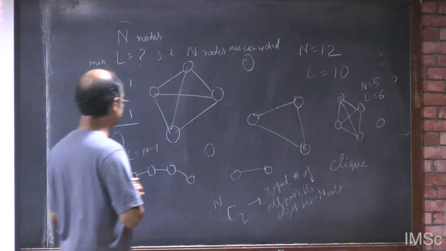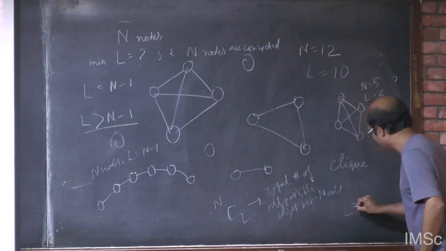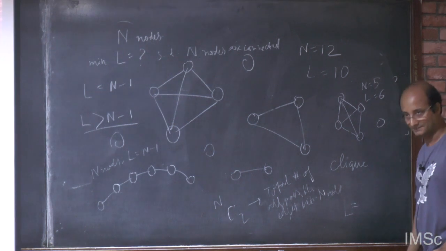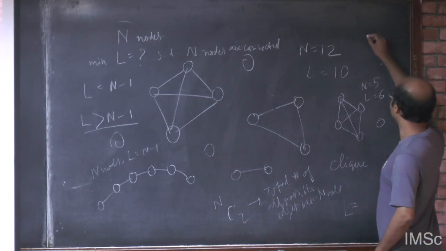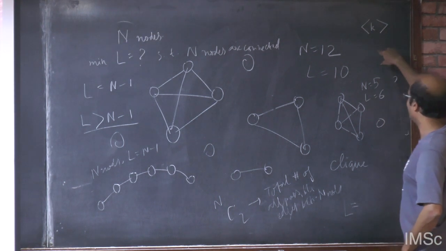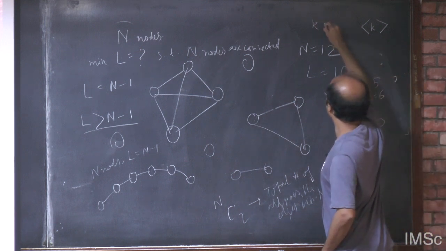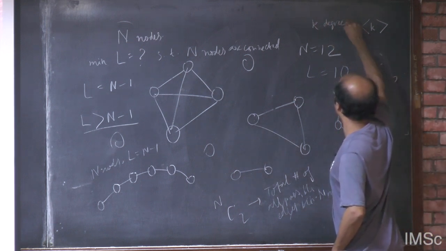So what do I mean? Suppose I'm given the degree, and let's denote the average degree by this symbol, angular bracket k, because k is typically the symbol we use to represent degree.